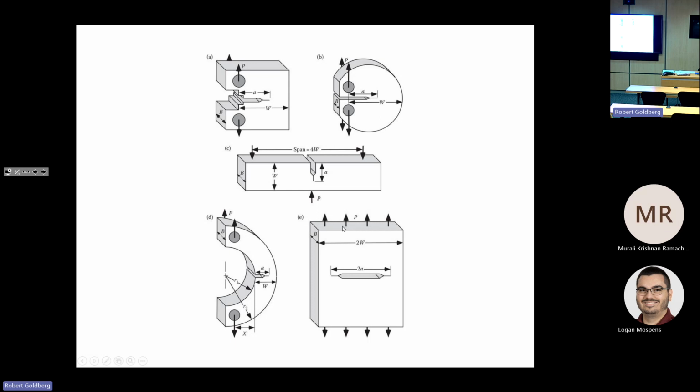So the currently standardized are this one. This is the compact tension, or C sub T. And this one here, this will come as a big surprise for you, a disc specimen.